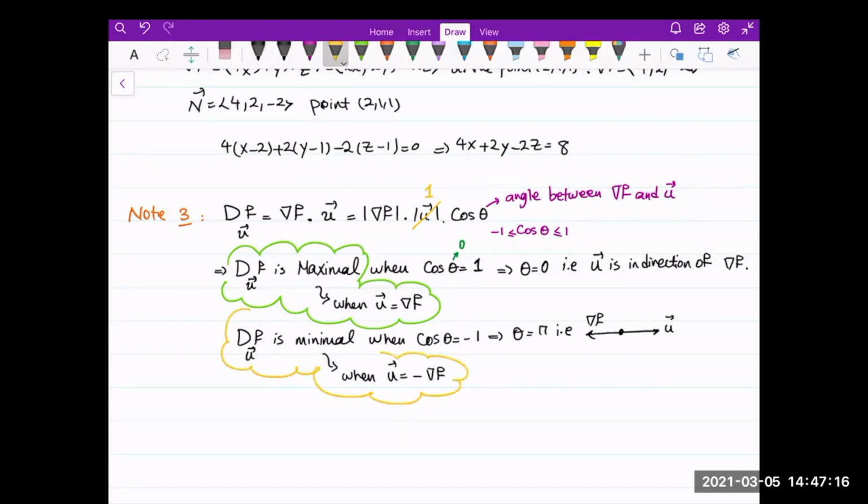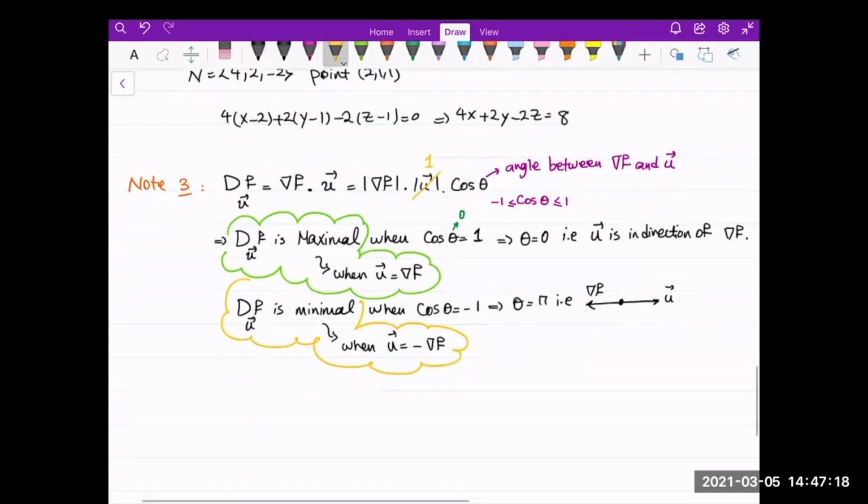Okay, but something else that is kind of nice is that when we get 0, the f_u is equal to 0 when, exactly the same, cosine theta is 0, which means theta is 90 degrees.